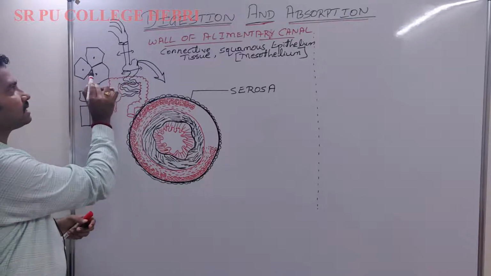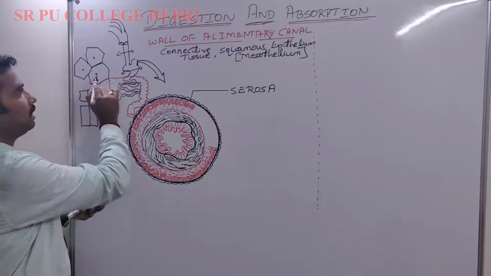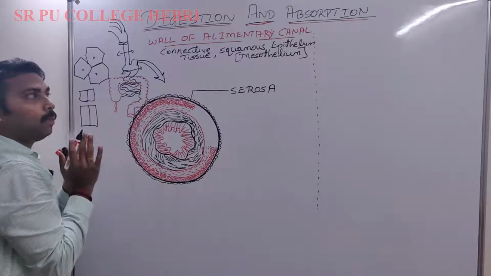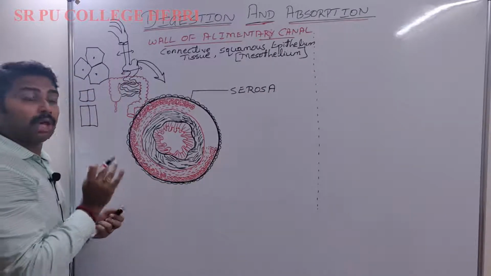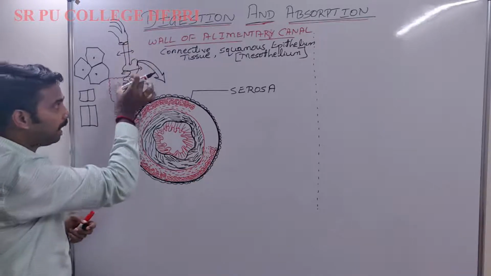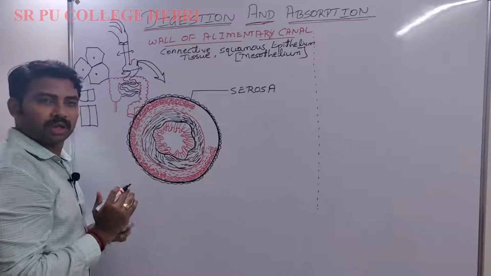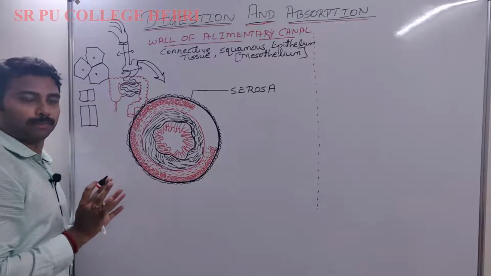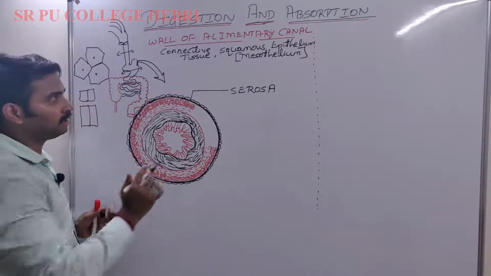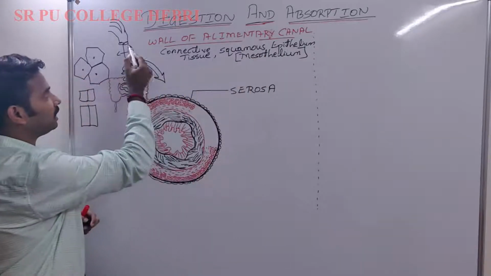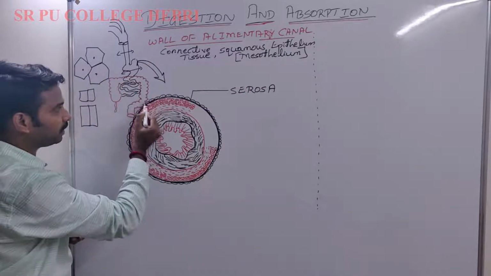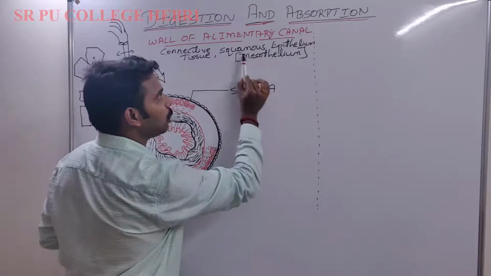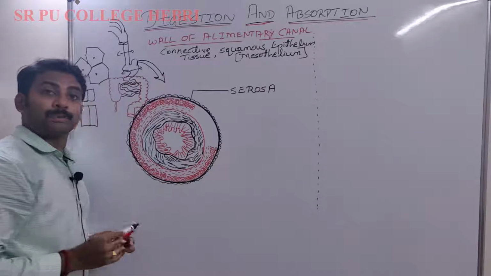Here I am discussing a flat cell. That flat cell is called squamous epithelium. Its actual concept I will discuss with you while discussing animal tissue. For the time being, understand that squamous epithelium found in the outermost region in the wall of the alimentary canal, or in the serosa, is also called what?